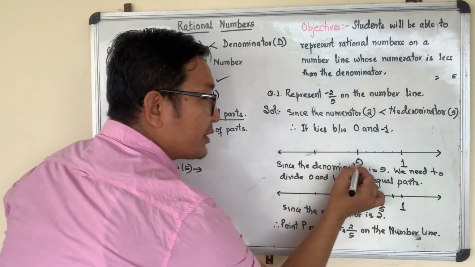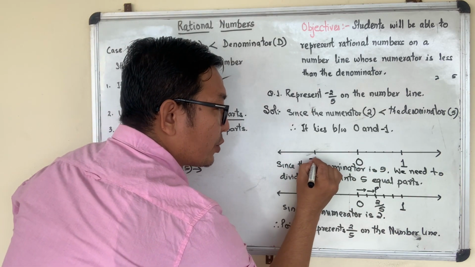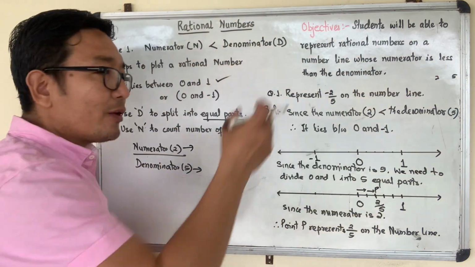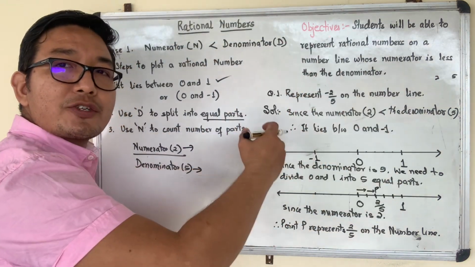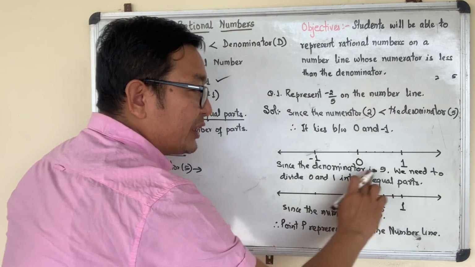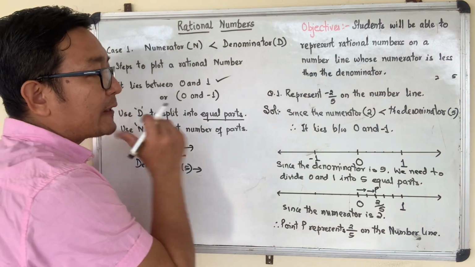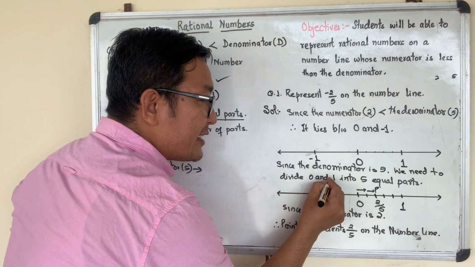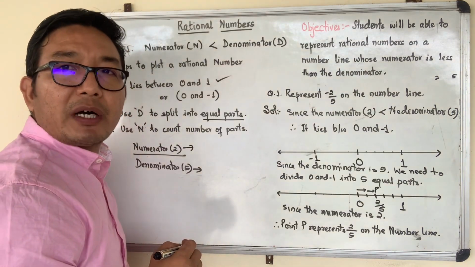So on the left side of 0 lies the negative rational number, corresponding to the positive one. Since the denominator is 5, we need to divide 0 and negative 1 into 5 equal parts.